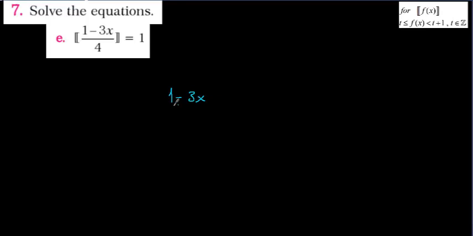1 minus 3x over 4, and here, as you see the formula, when it's equal to t, it's between 1 and 2.